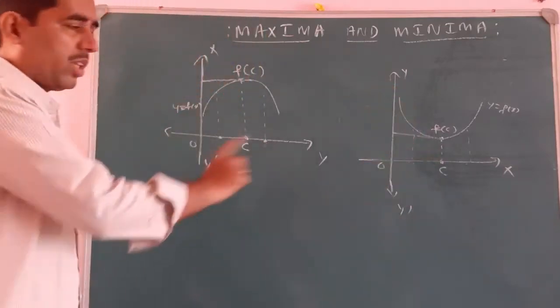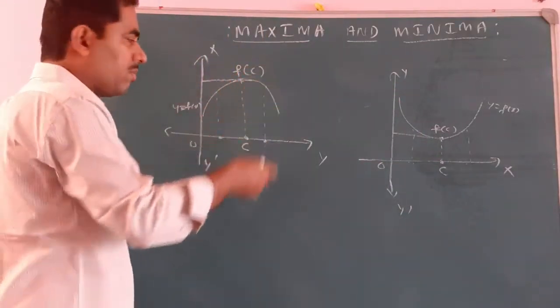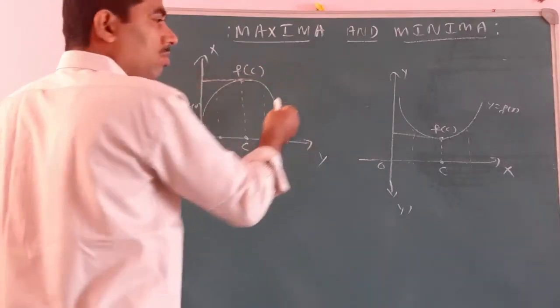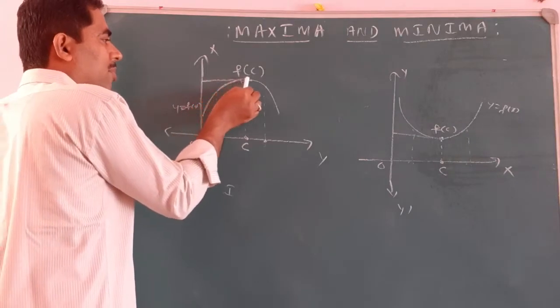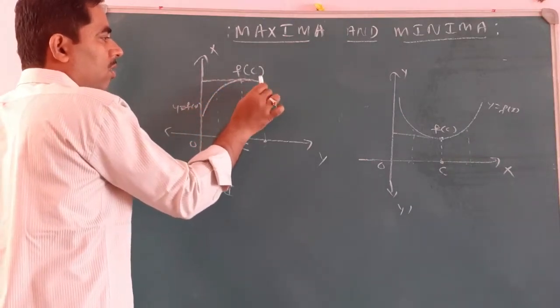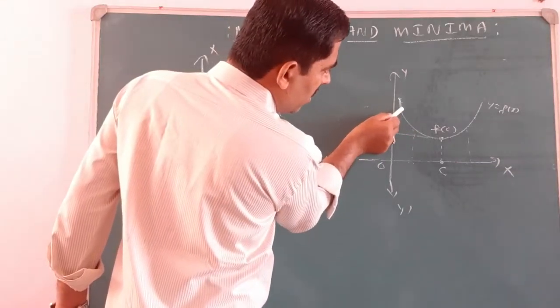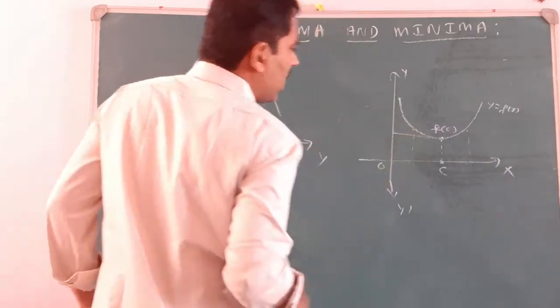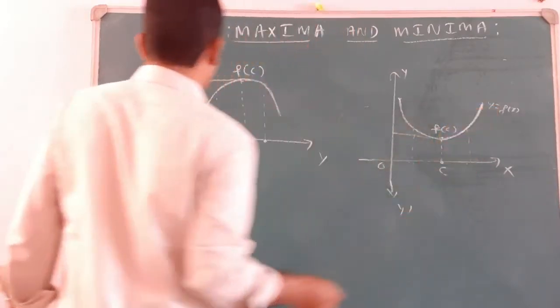Observe these two graphs here. The shape of the curve is like this. It starts from here, reaches some point, and then once again it goes on.